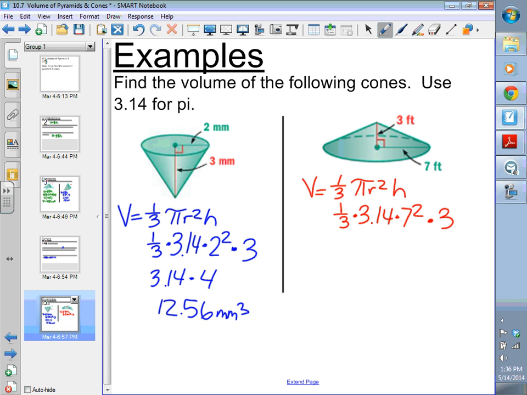So again, our 1/3 and our 3 are going to cancel out. We're going to be left with 3.14 times 49, which is going to give us 153.86 feet cubed.